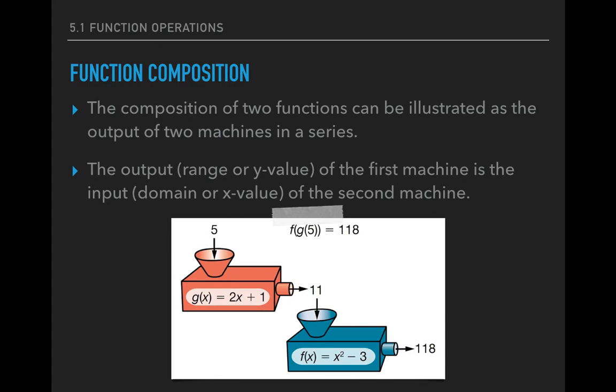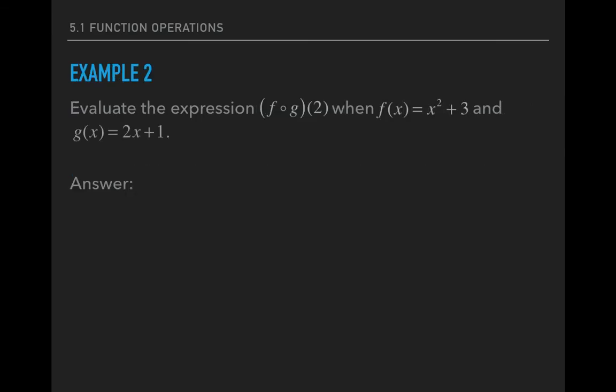All right, why don't we do an example together similar to this where we have values. So we're going to evaluate the expression f of g at 2 when f of x is x squared plus 3 and g of x is 2x plus 1. We need to rewrite this so that we better understand what is being plugged in where.